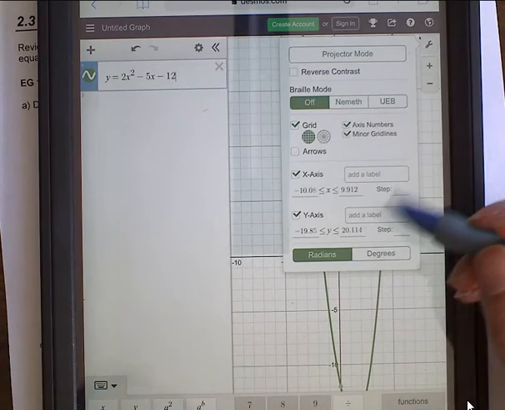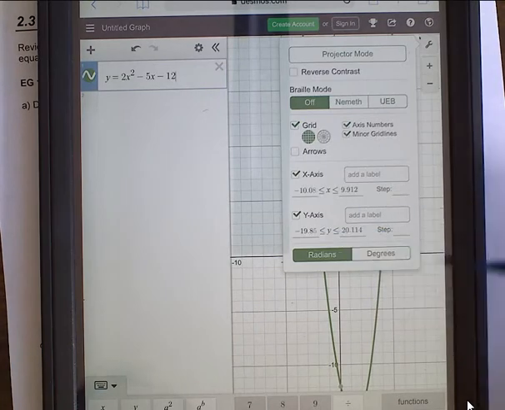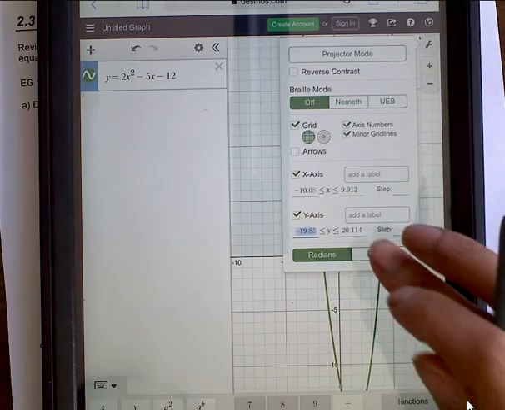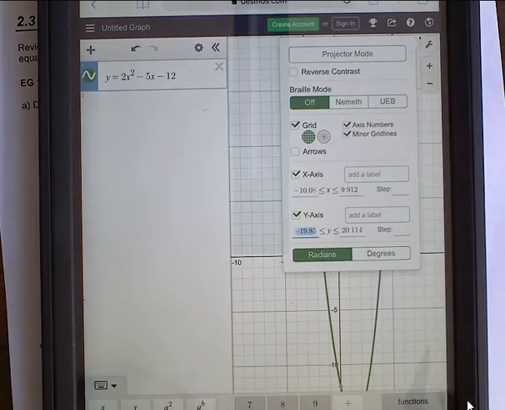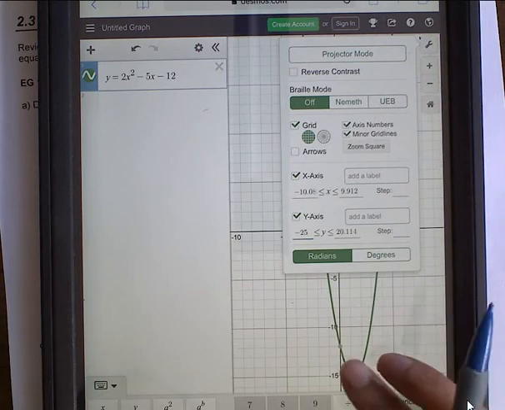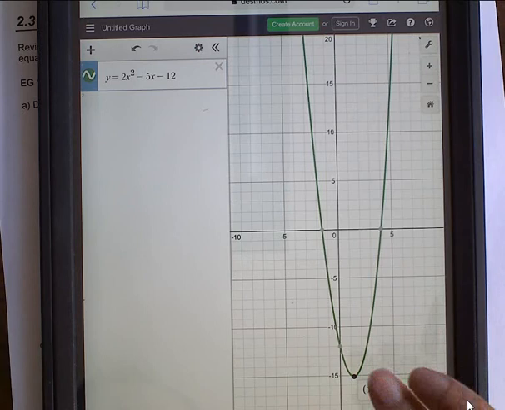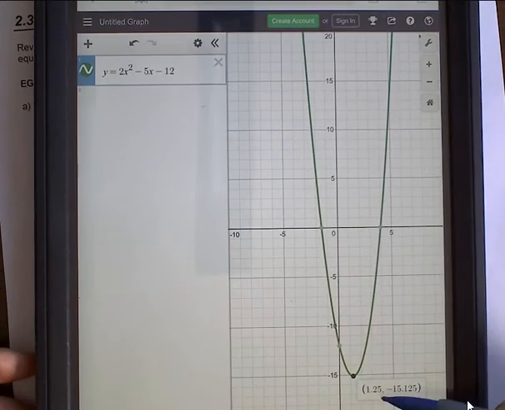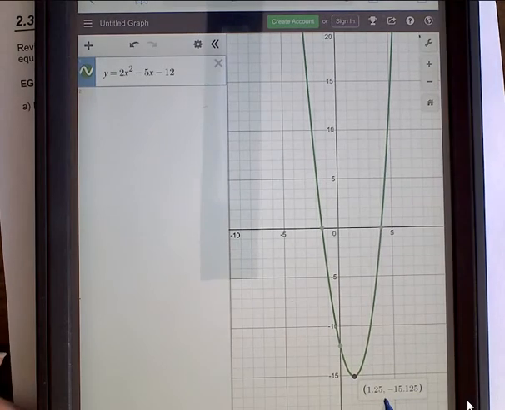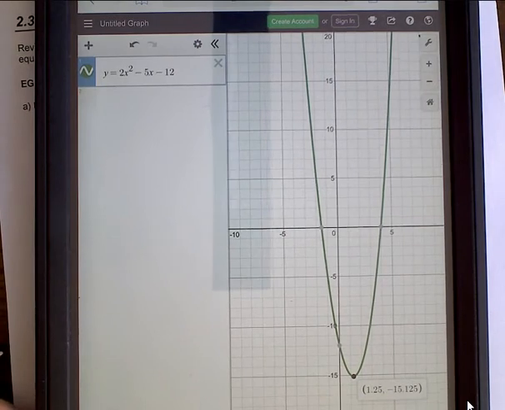My lowest y value there was -20, and that's not enough to see it, so let me change that to a lower number. So let's try -25. Okay, so now I can see it. And then just click on that to see the vertex. So you can see that we did have the correct h value. The x-coordinate of the vertex was correct, 1.25. And the y-coordinate of the vertex is -15.125 using technology.